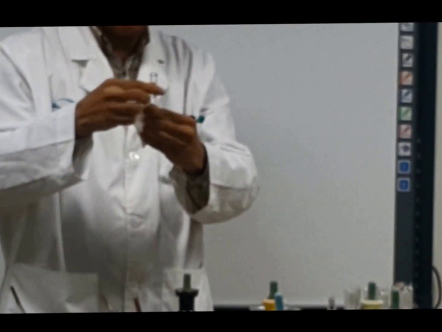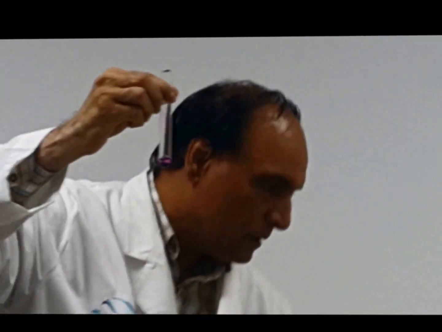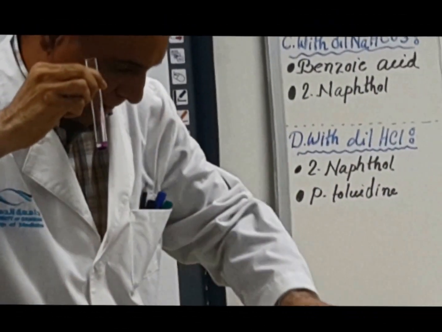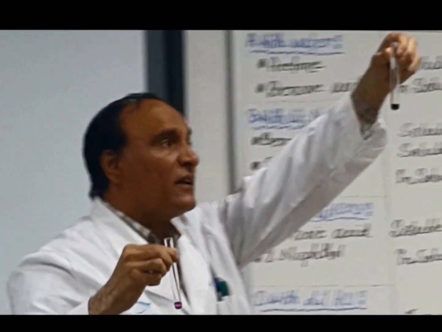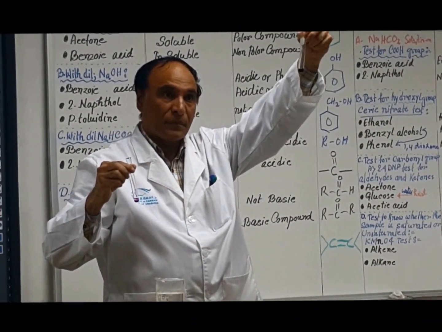It remains purple. Look over here. It remains purple. Do you see this one? See the difference. Look at this. This is brown and this is purple. So if decolorization takes place, it means it's an unsaturated compound.